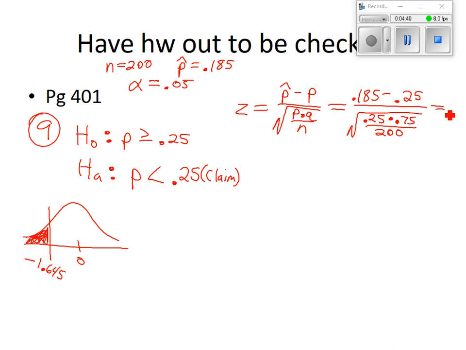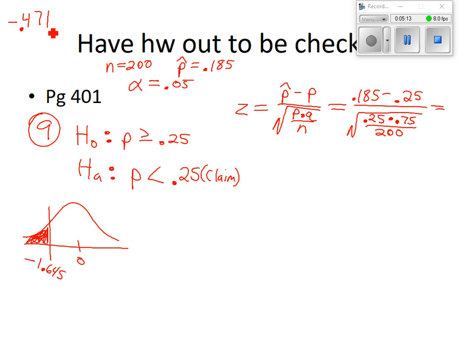I would highly suggest that you're punching this into your calculator right now to see if you're getting the same answer as everybody else, because this is probably the hardest one to punch in. I got negative 0.471. Wait, hold on. I'm writing them up there till 2 or 3 or 4 people get the same answer.